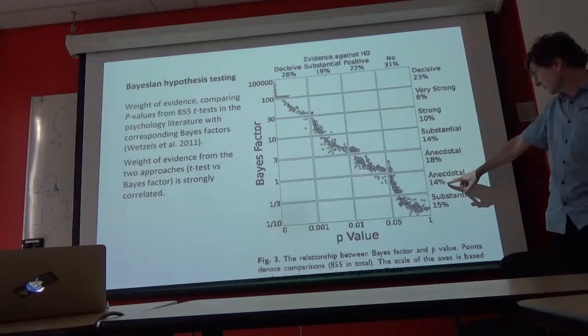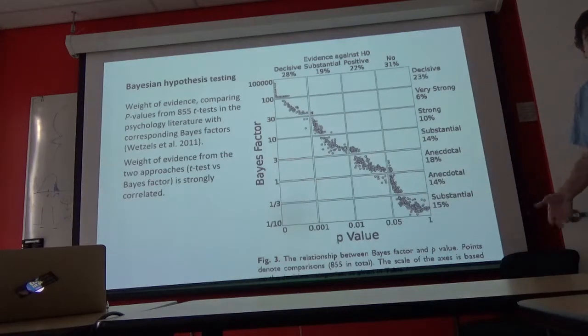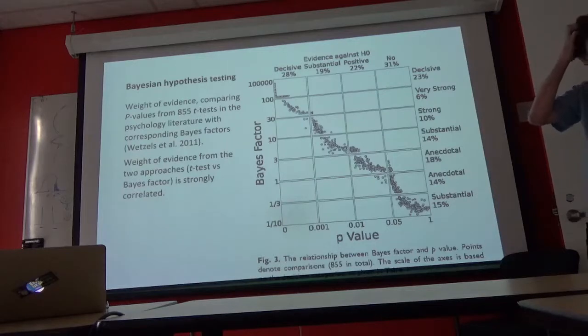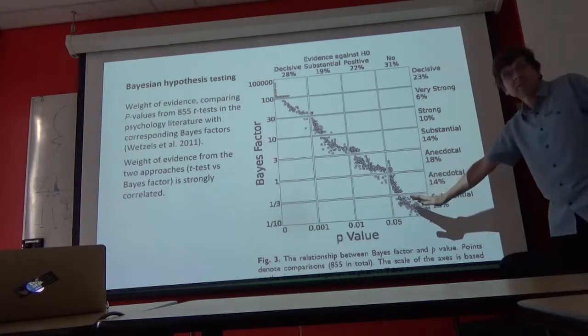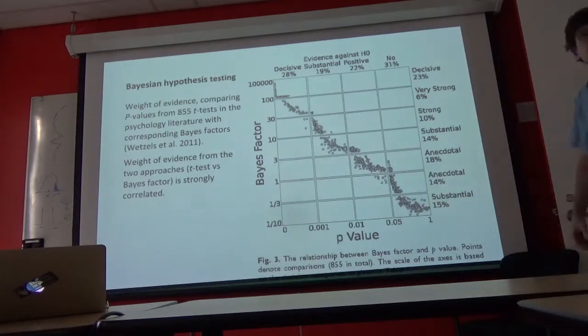Under the Bayes factor approach, 0.05 constitutes scarcely stronger support for the alternative hypothesis than the null hypothesis. So even though these two approaches are yielding strongly correlated results across all these studies, where they differ is in the cutoff for deciding what's evidence and what's not. 0.05 is ridiculous.